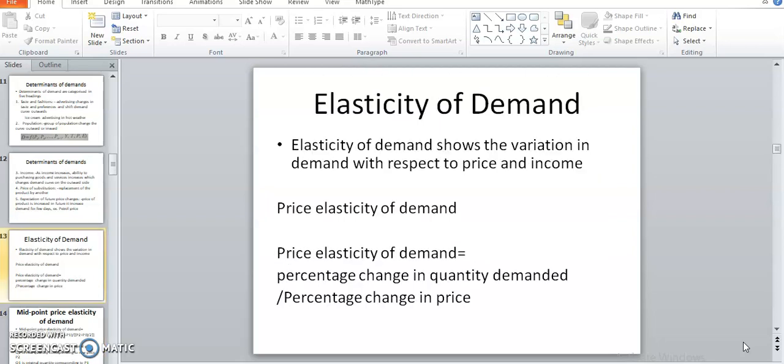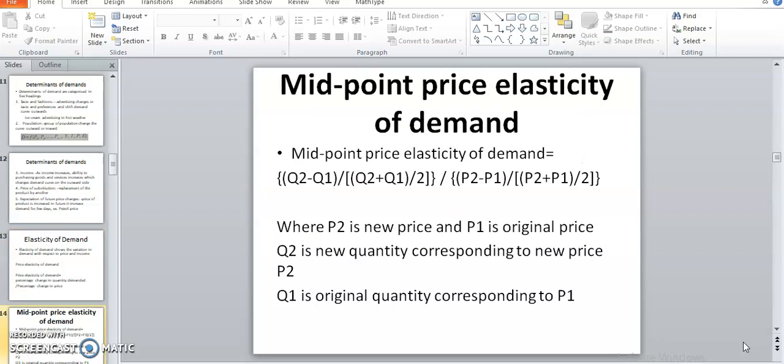We can calculate this price elasticity of demand by considering the average of the new price and the original price. In that case, we consider the average of quantity and the average of price, for new and for original.